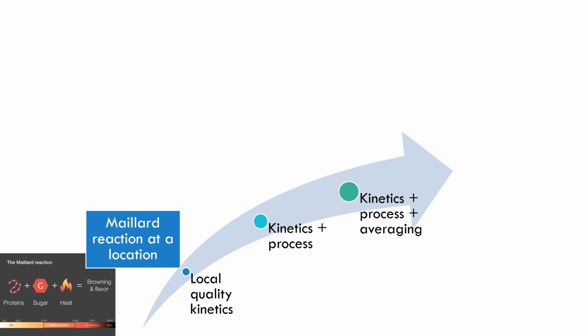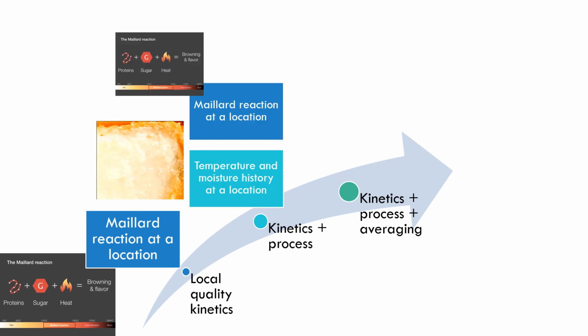And so we have to combine this local information, reaction at a location, with process. So the process would give me temperature or moisture history, and that needs to be combined with the kinetics. So once we do that, then I get quality at different locations on the food.